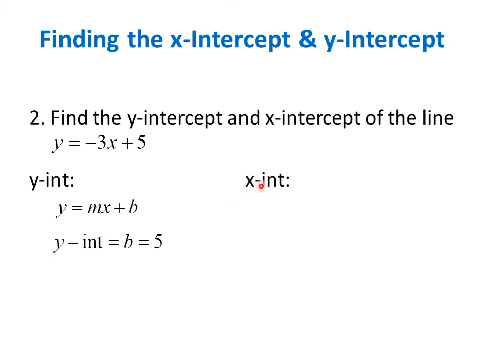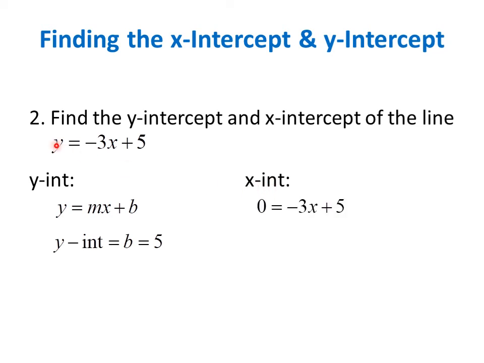For the x-intercept, since we cannot get the x-intercept from the slope-intercept form, we have to use the basic method, which is, since the x-intercept is an x value, we make y 0 and then we solve for x.